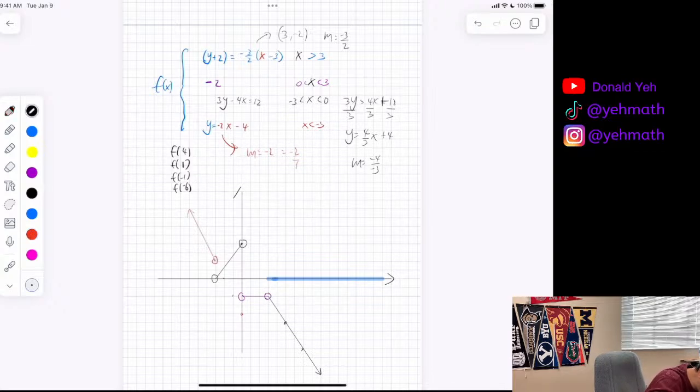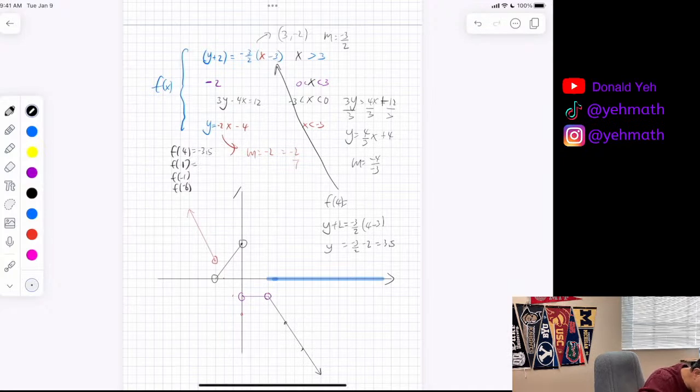And then I need to figure out what f of 4 is. f of 4 is going to be plugging the 4 into the first function. So that one's kind of hard. So it'll be y + 2 = -3/2 times (4 - 3). That is equal to -3/2 - 2, so -3.5.